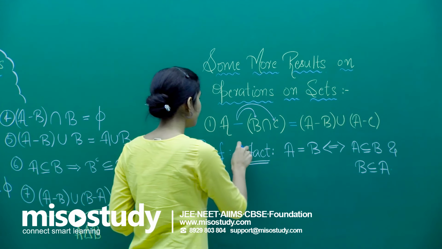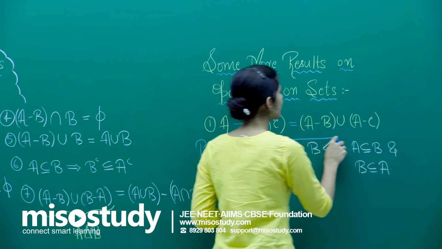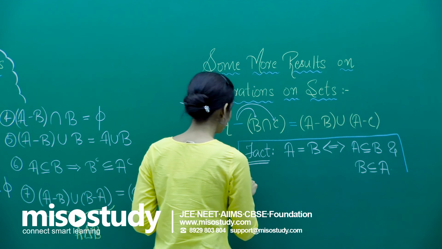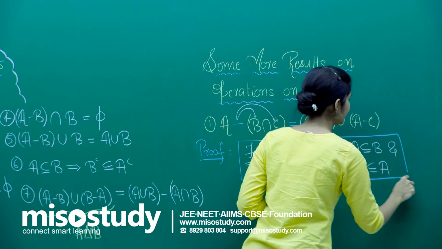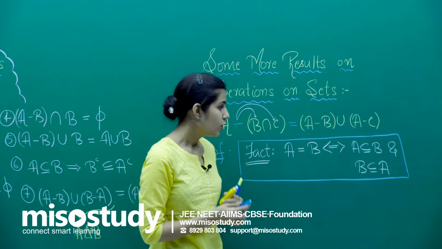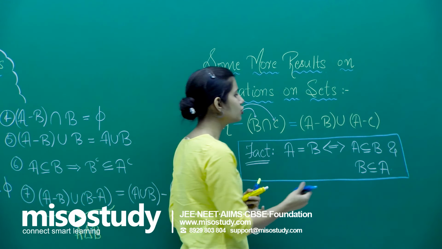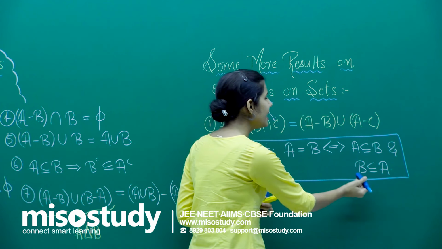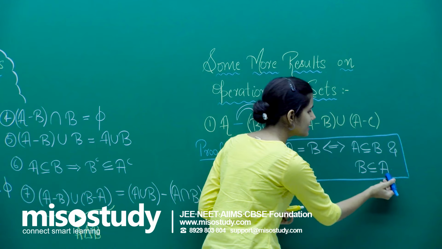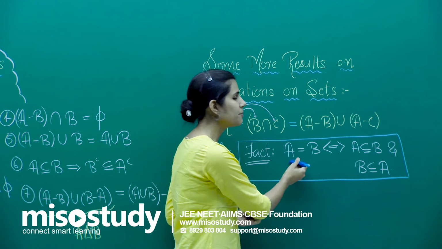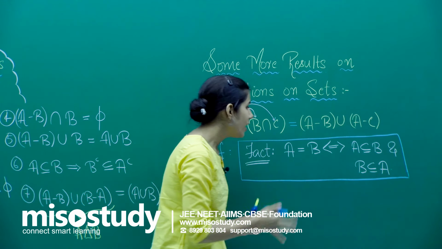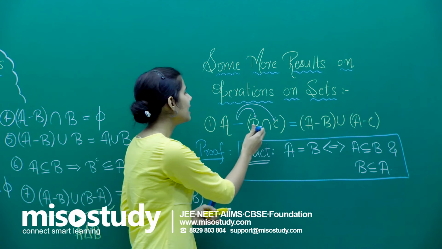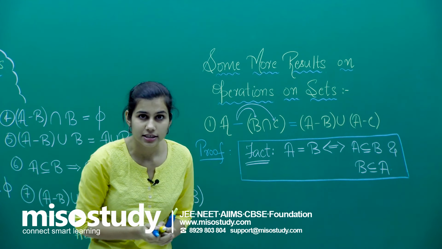This is the very fact that I am going to use in order to show that these two sets are actually the same. Which means firstly I am going to show that my set A is contained in set B, and then I will show my set B is contained in set A, and then conclude that my A is equal to B. What are the A's and B's in our particular result?